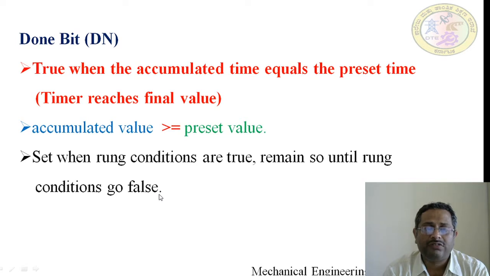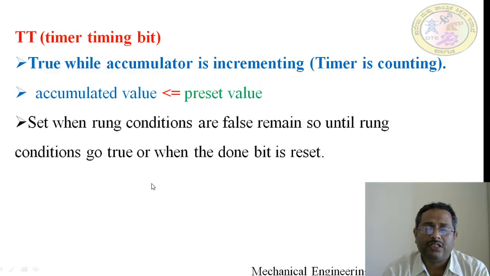Next we will see the timer timing bit, that is the TT bit. It is true while the accumulator is incrementing. The done bit is true when the accumulator value reaches the final value, but the TT bit is true while the accumulator is incrementing. That means when the timer starts counting, the timer timing bit is true until the accumulated value reaches the preset value.